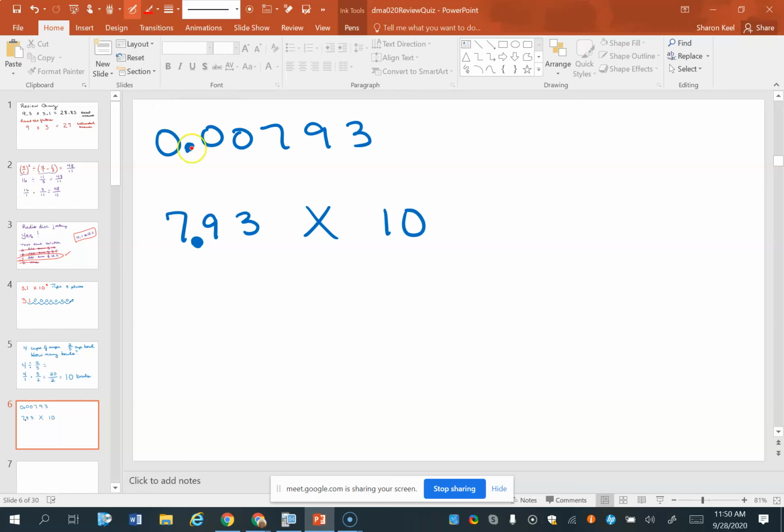So the decimal is here. If we moved it to this location, to get to the original location, we would go left 1, 2, 3 places. We would move 3 places. That means our exponent is going to be a -3.